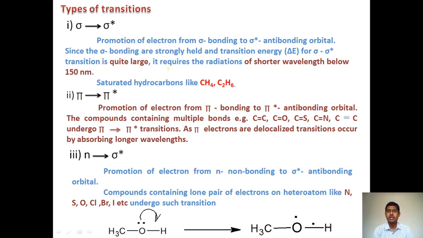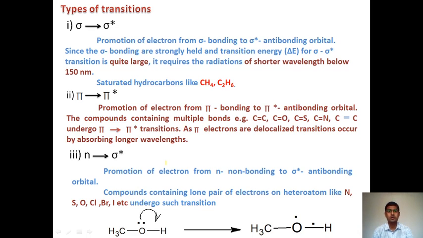Promotion of an electron from a sigma bonding orbital to a sigma star antibonding orbital is nothing but a sigma to sigma star transition. Since the sigma bonded electrons are strongly held, the energy required for this transition is quite large.